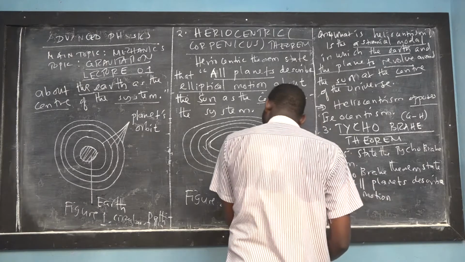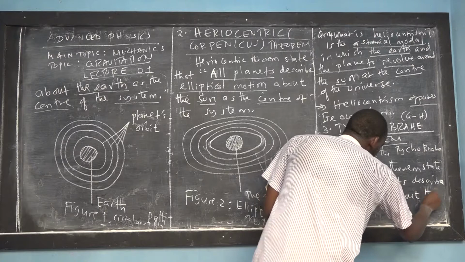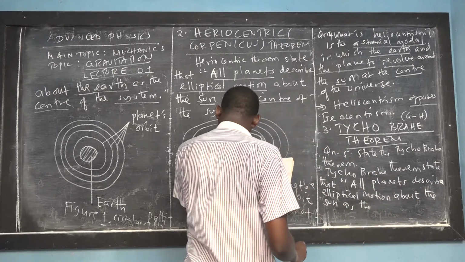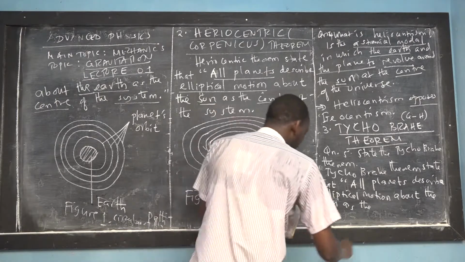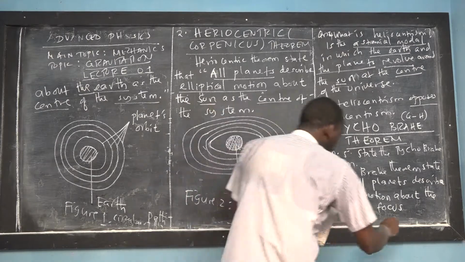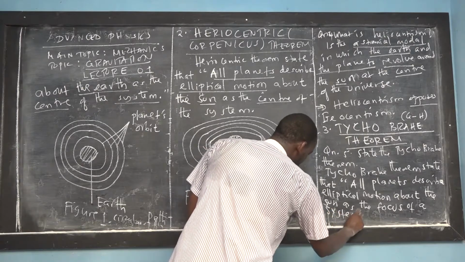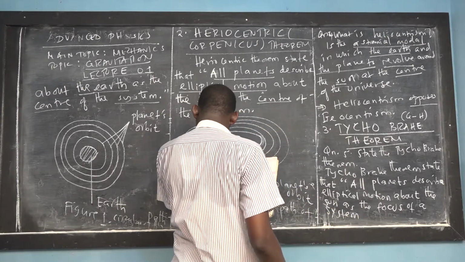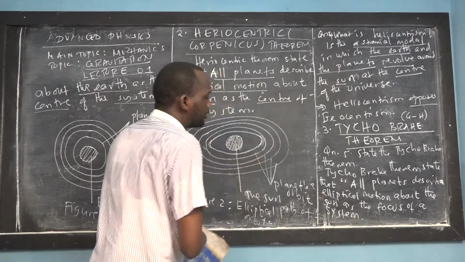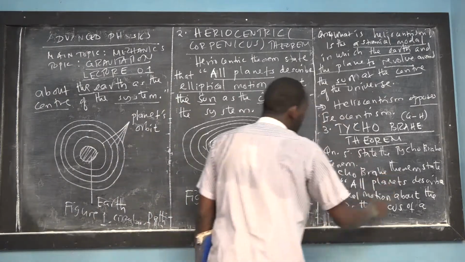All planets describe elliptical motion about the Sun as the center, as the focus of a system. This was the revision of the Copernicus theorem. That's how it states. This is our Tycho-Brahe theorem.